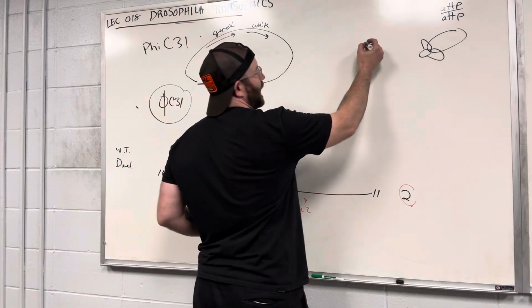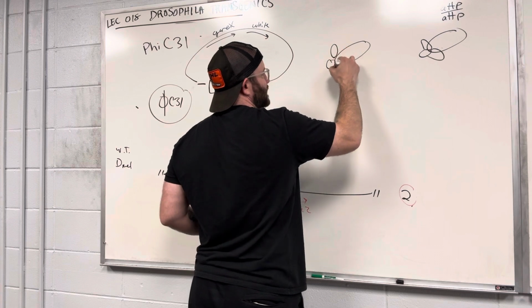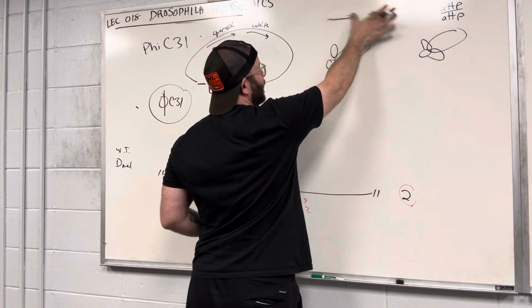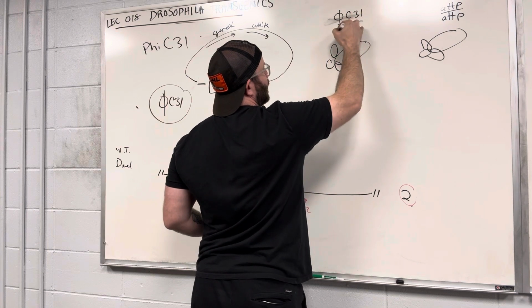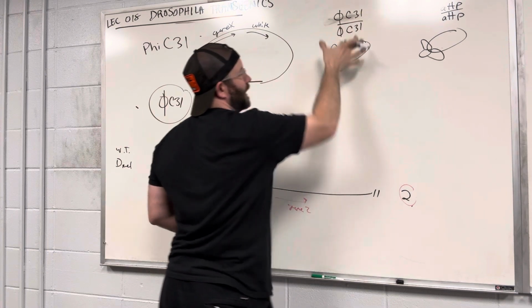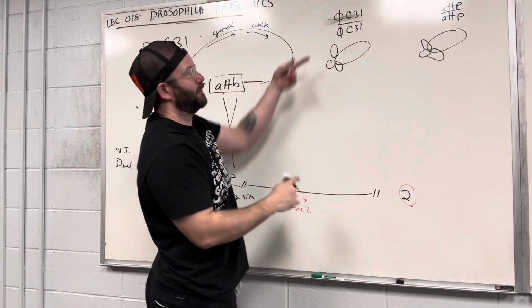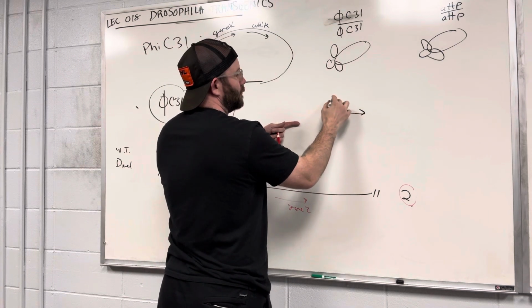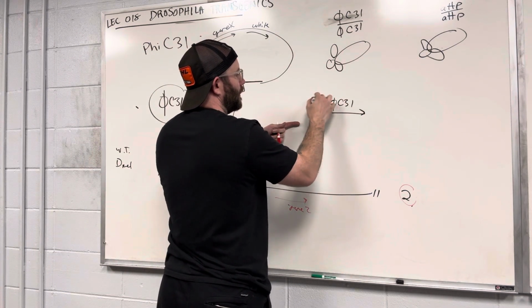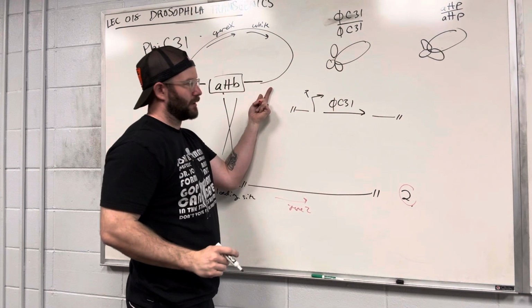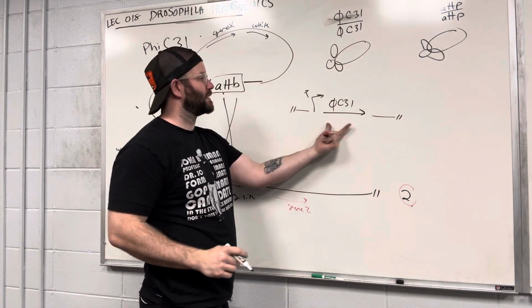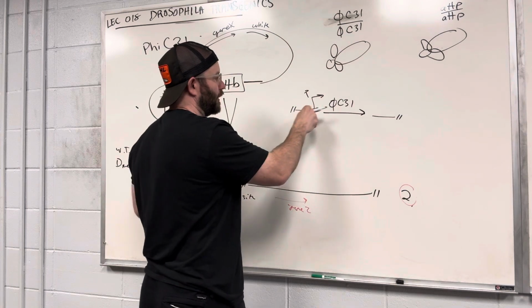They take another fly that's transgenic for PhiC31 integrase, PhiC31 over PhiC31. And the construct that they actually inserted for PhiC31 would look like this. So somewhere on that Drosophila chromosome is an insert of PhiC31 integrase with a very special promoter.